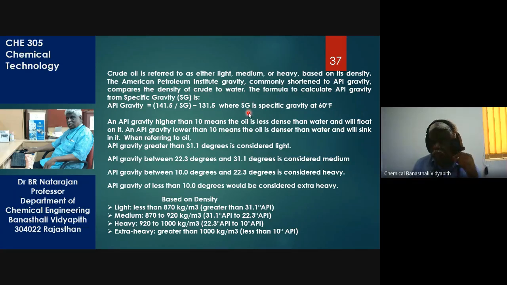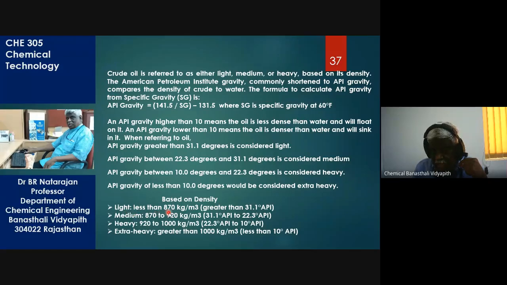So here what we are seeing is whether the oil is denser than water and will sink in it or not. So this is API-based classification based on density.